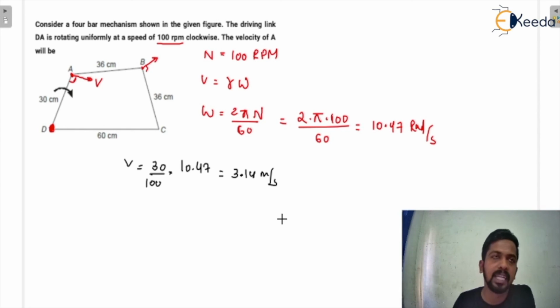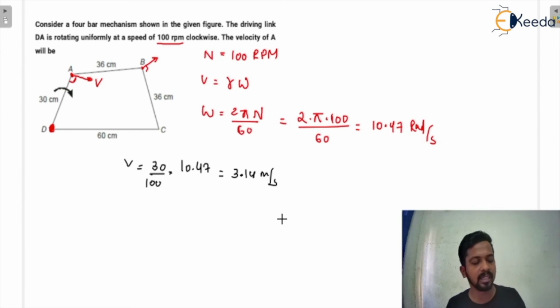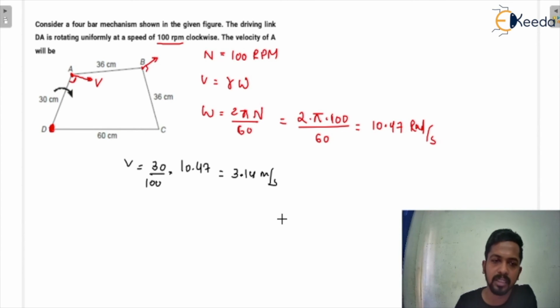Basically in the integer type questions, generally the unit mistake takes place, because in the objective questions they generally give you options, so you can cross-check your answer with the options. But in the integer type questions, they don't give you any options, so you must be fully concentrated before putting the answer.